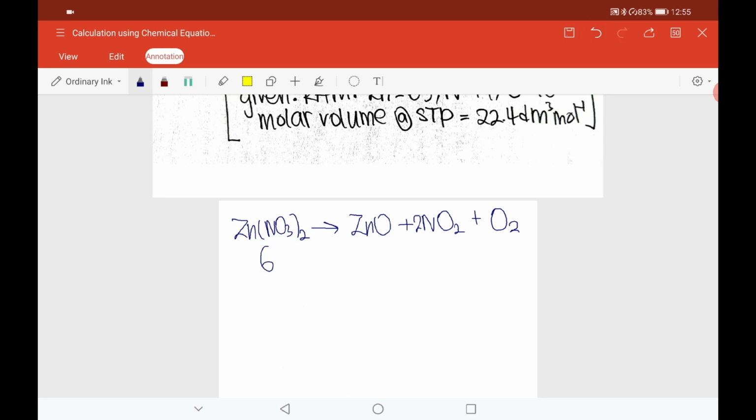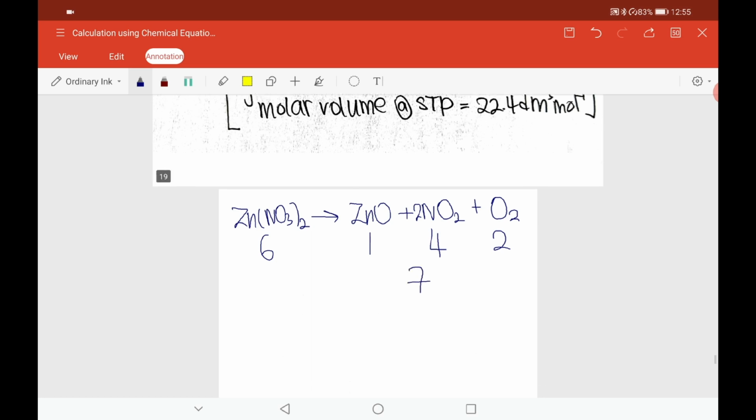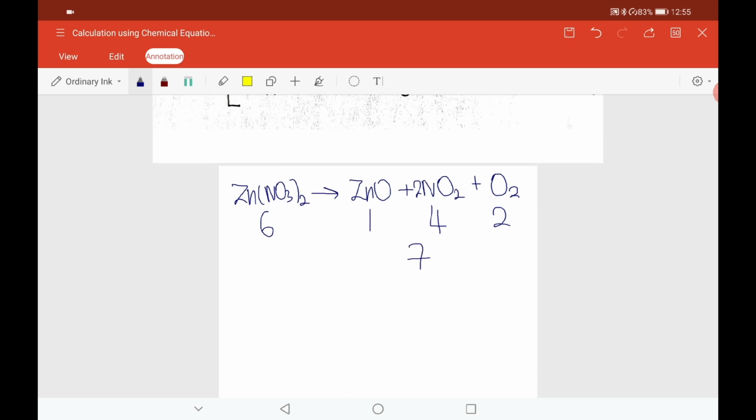On the right, we have 1 oxygen, then 2 times 2, 4 oxygen, and here we have 2. So the total is 1 plus 4 plus 2, 7. We have 6 and 7, an even and an odd number. So we can balance it by putting a 2 in front here and rebalancing the whole thing again.